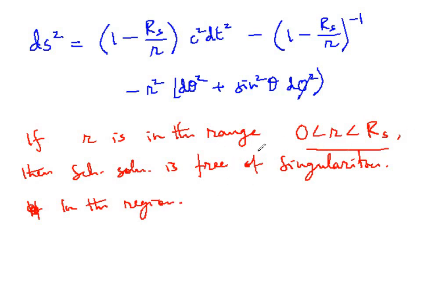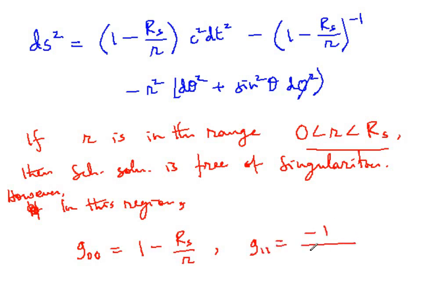Although it is free of singularities, however, in this region, the value of G00 is 1 minus Rs by R, and G11 is just minus 1 by 1 minus Rs by R. And what's the sign?